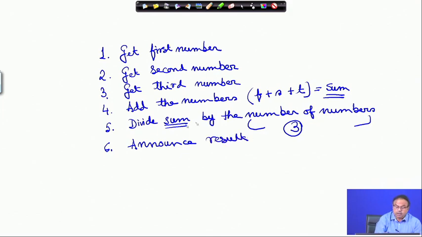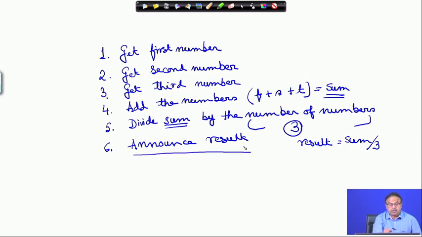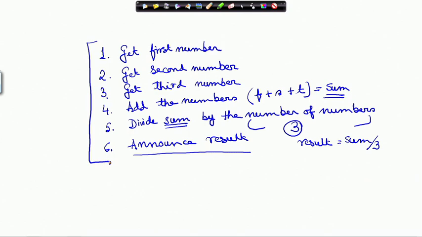So, this one divides the sum by the number of numbers, something like this: result is equal to sum divided by 3 in this case, right, and announce result.